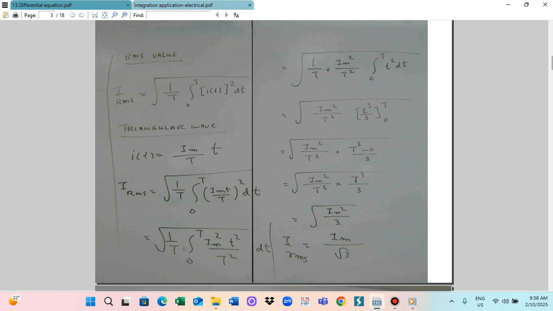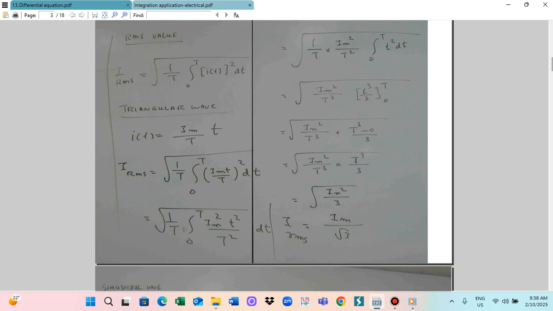Now we want to calculate the IRMS value for the triangular waveform and the sinusoidal waveform. For the triangular waveform, we can substitute the triangular waveform equation.